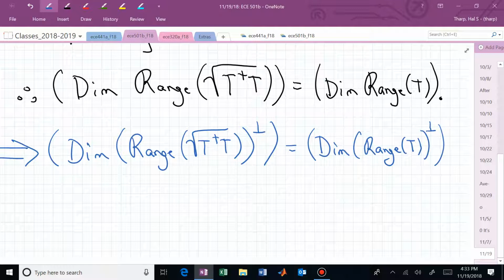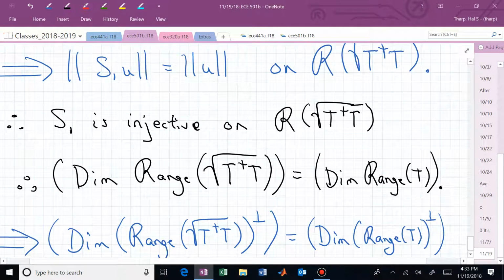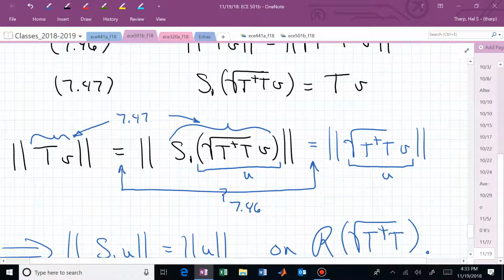Yes? I understand that S1 is injective. S1 is injective. Right, I see that, but why are the dimensions different? So now we want to find that the norm of Tv is the same as the norm of the positive square root of T dagger T applied to v.